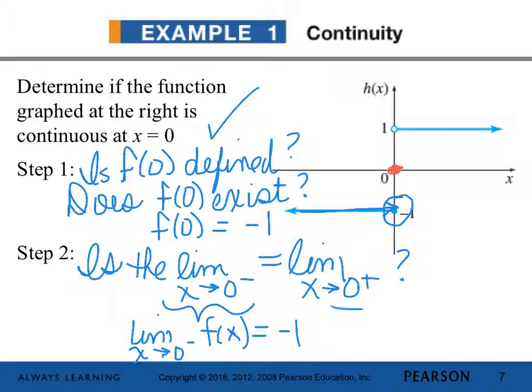But then we also see that the limit as x approaches 0 from the right is +1.